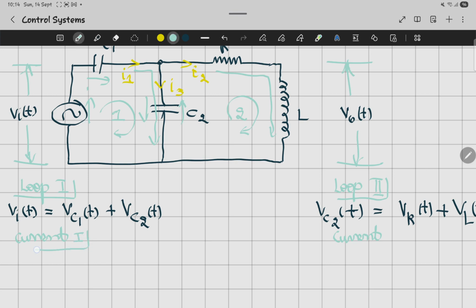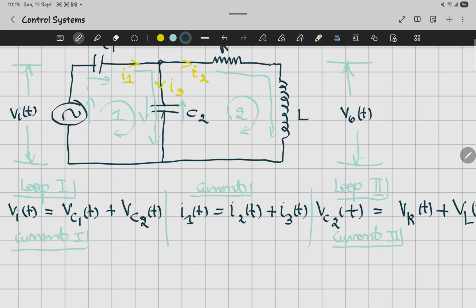This is where we're going to get current 1, this one's current 2, and this one is the formula for the current on its own. And for the current on its own, we know that the current going in is equal to the current that is leaving. So that's I1(t) equal to the sum of I2(t) plus I3(t).